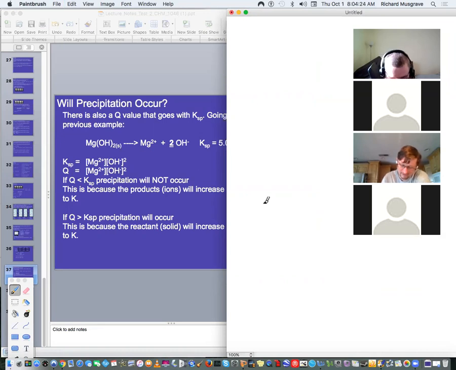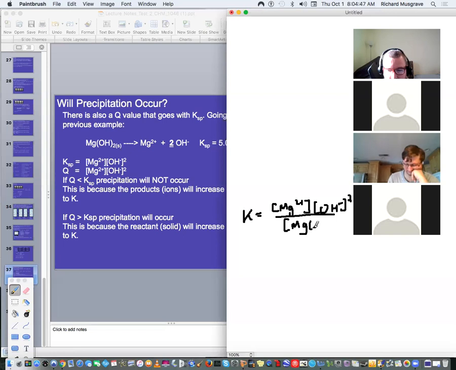So it would still be products over reactants, [Mg2+][OH-] squared. But I'm trying to bring this back to the way it was when we looked at it back in test 1, when we were talking about Le Chatelier's principle and all of that.